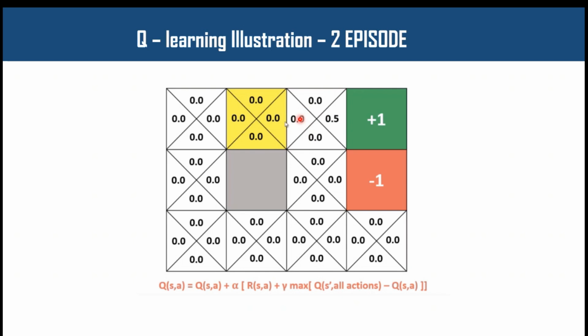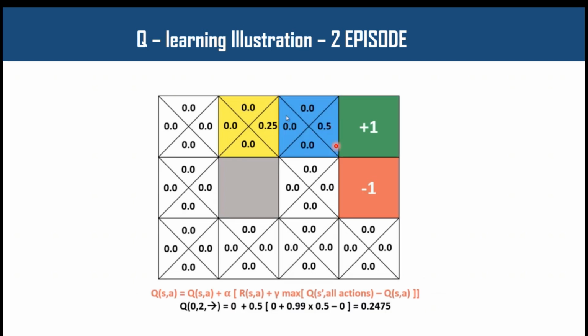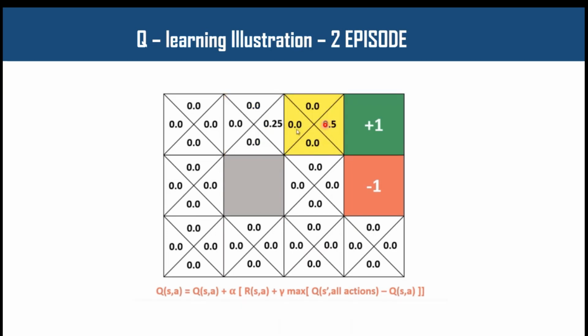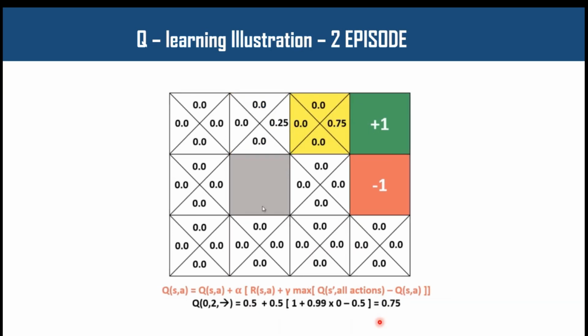So when it sees all the values, it is having the maximum value 0.5. So that 0.5 will be used here, and the equation becomes 0.04. That is the learned value updated in this Q. Okay. So when it moves from this point to this point, again there will be updation because you have the reward and it is updated as 0.5.